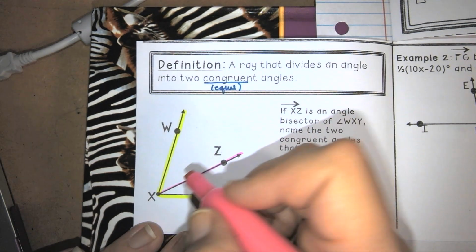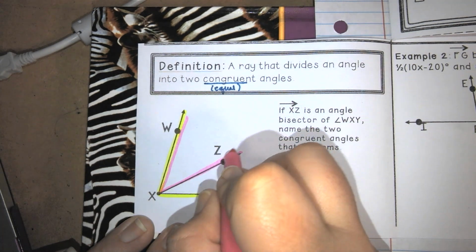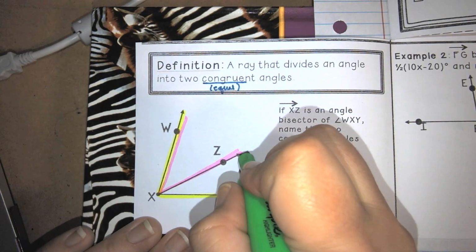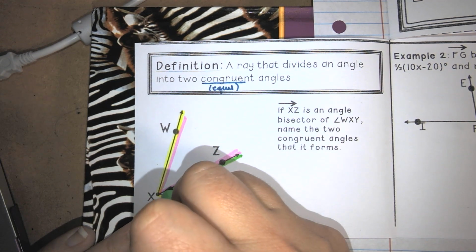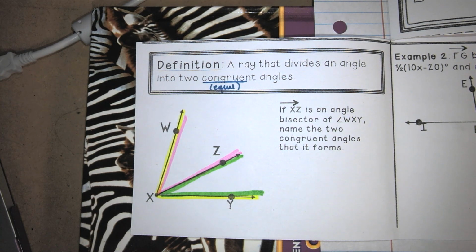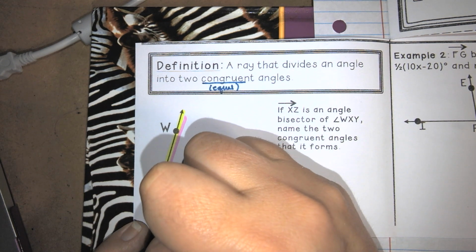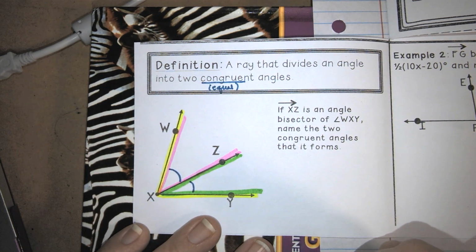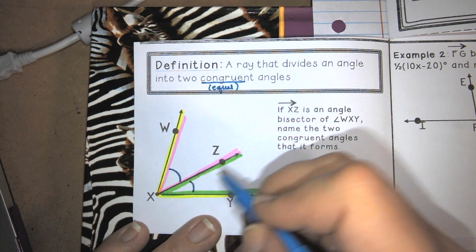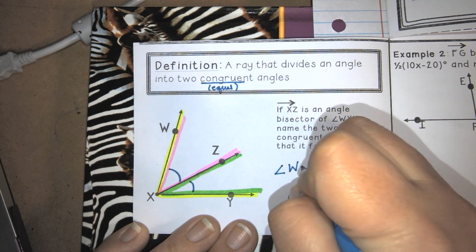And so that means this side is going to be the same as this side. So what are the names of these two angles? Well, I have this angle. It's going to be the same as this angle. So this side, the pink angle, is WXZ, or you could call it ZXW. So angle WXZ.